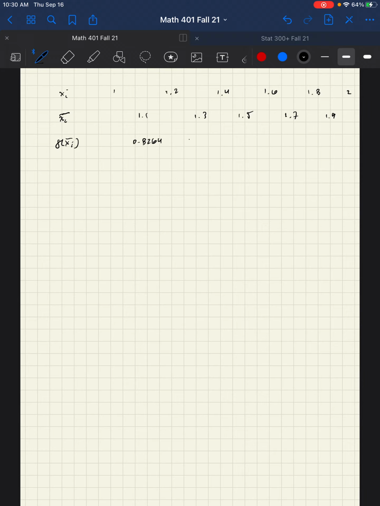And then we find the function values at those points. So 0.8264, 0.5917. You can use any calculator you have at your disposal. Just make sure that you're using consistent rounding off values.